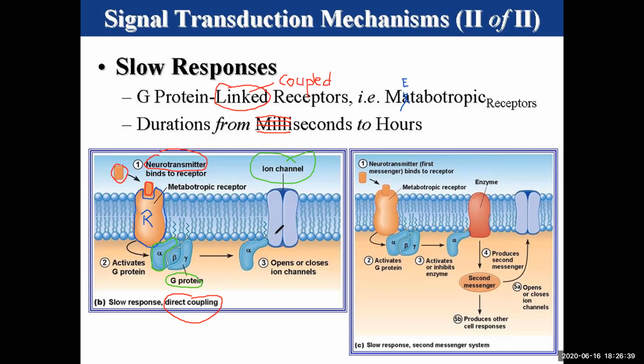But oftentimes, that alpha subunit will not interact with an ion channel. It will interact with another substrate. It interacts with another protein, like an enzyme, shown in this panel here. So in this case, it's the same phenomenon. Now, the alpha subunit here will activate a membrane-bound enzyme, right?